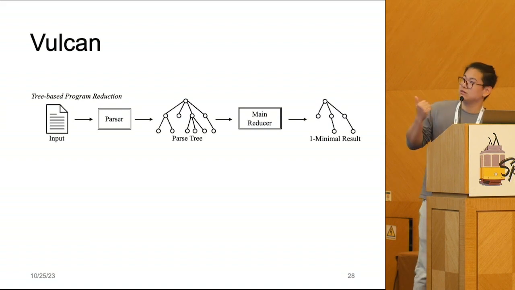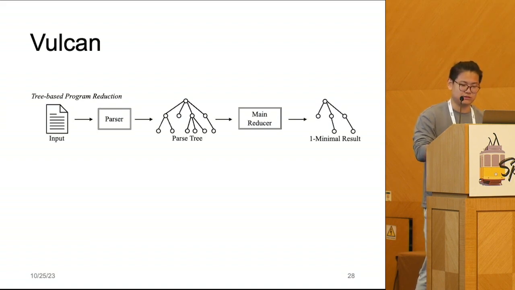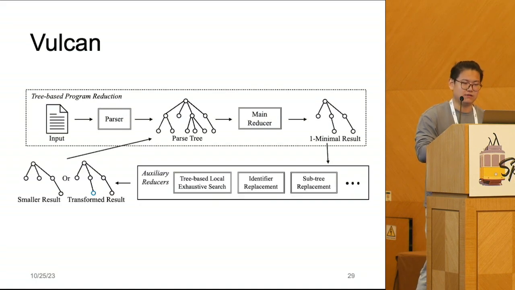And this figure illustrates the typical workflow of the tree-based program reduction. And on top of this, Vulkan introduces a set of auxiliary reducers to help further reduce one-minimal results. Each auxiliary reducer performs either a certain type of transformations or a more exhaustive reduction algorithm.